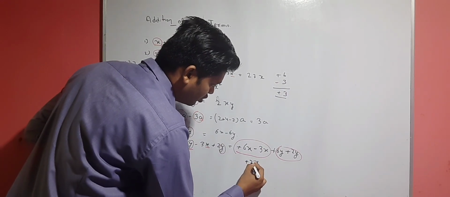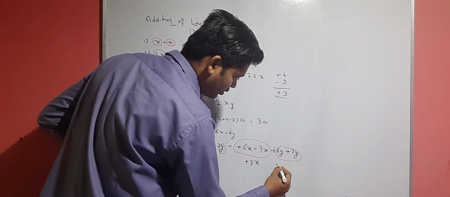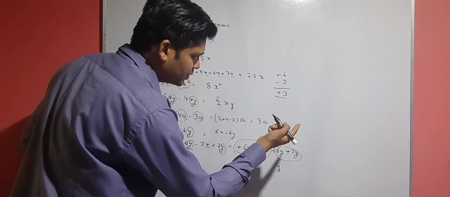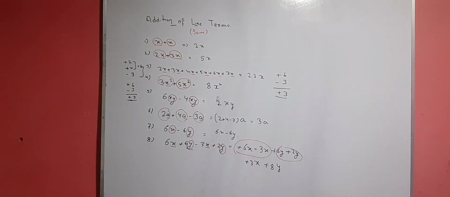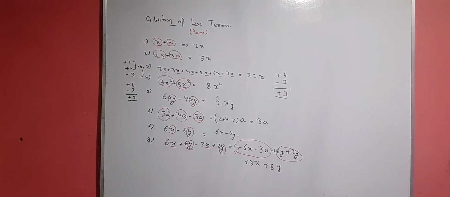So plus 3 you can write here. Family of y: plus 6, plus 2, so plus 8, very easy. Minus is difficult. I was facing some problem in case of minus, but in case of plus, very easy. So minus is very dangerous.